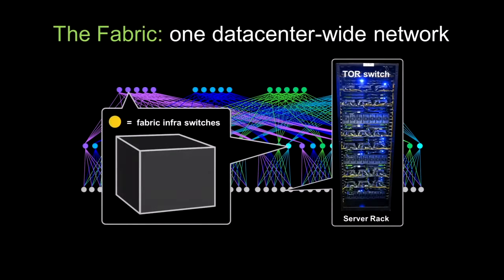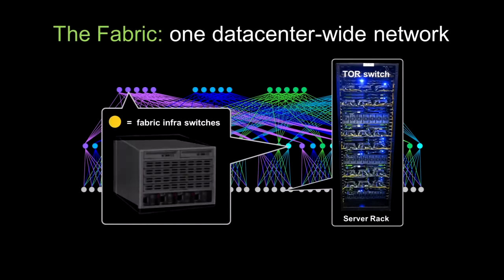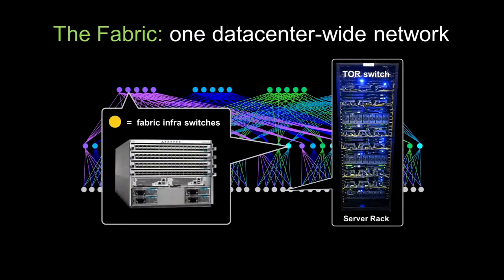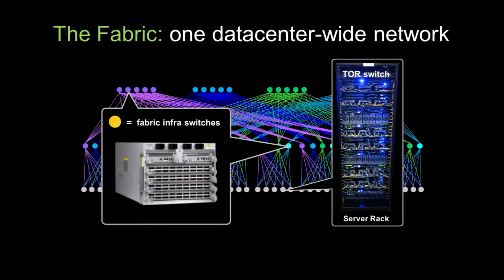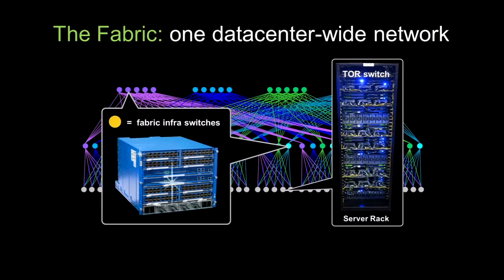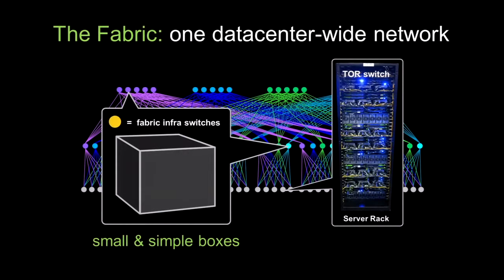The colored dots are mid-size, simple infrastructure switches. They're different platforms available from various OEM vendors. But for us, they are just colored dots on the diagram. They're just boxes on the network. There's nothing special about them.